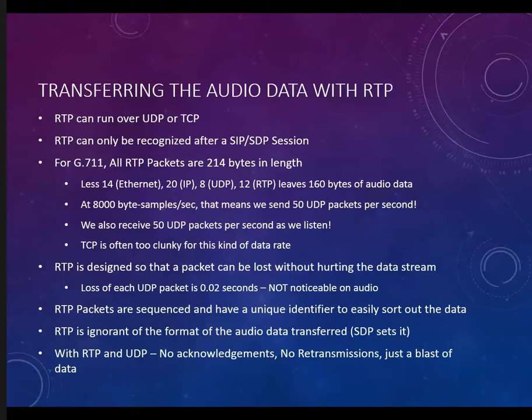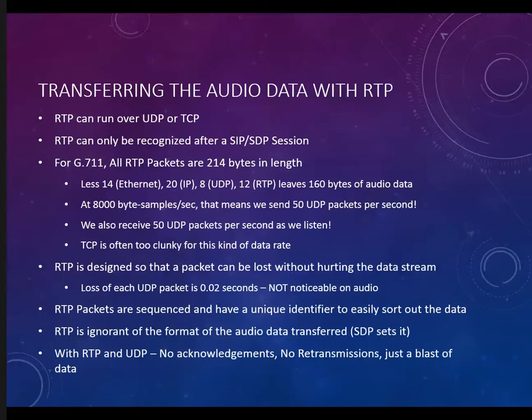And if you divide our 8,000 samples per second by 160 bytes per packet, we come up with 50 UDP packets per second to carry your audio data. That means we're transmitting them out with our voice, and we're also receiving 50 UDP packets per second to listen.